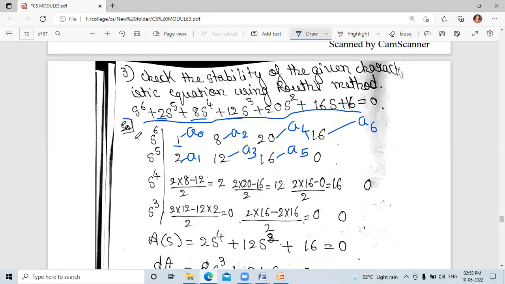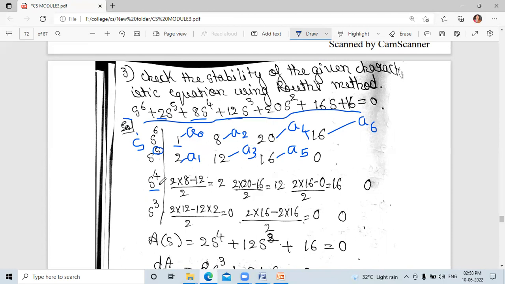Here s to the power of n. So the n value here is 6, so s to the power of 6. Next step is s to the power of n minus 1, so the value is 5. Again n minus 2, s to the power of 4. You go on decreasing: s to the power of 4, s to the power of 3, s to the power of 2 and s to the power of 0, like that.